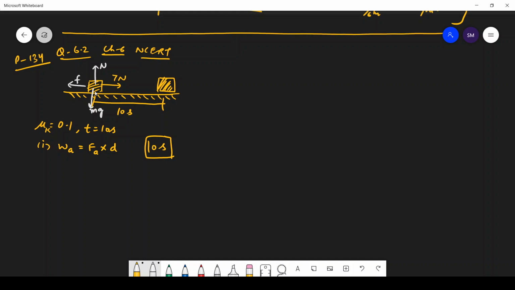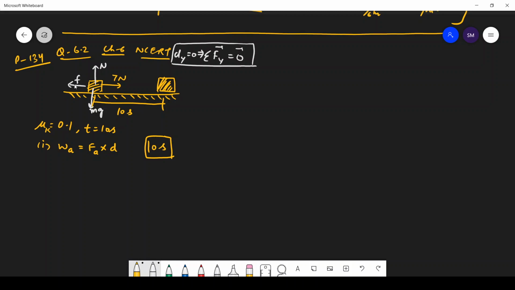How can you say they are equal? See, sum of forces in y direction is 0. Why is this 0? Because displacement in y direction is 0, so the net force in y direction is 0, right?